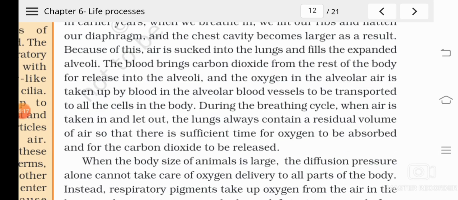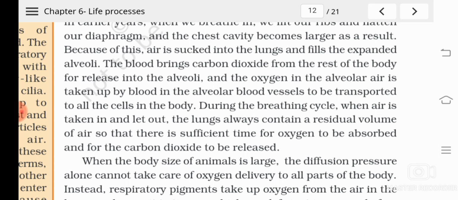As we breathe in, the air gets filled in the alveolar duct. I already explained to you that in that air there are different gases, and from that, oxygen will be taken by the blood capillaries surrounding the alveoli. This blood will pass to different parts of the body and give oxygen to each cell.